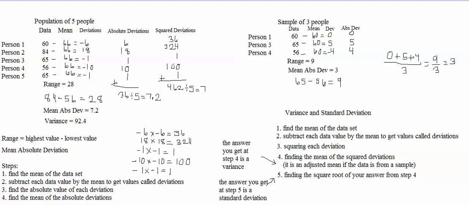It was 92.4. That was the variance. So to get the variance, we added the squared deviations and divided the total by 5.